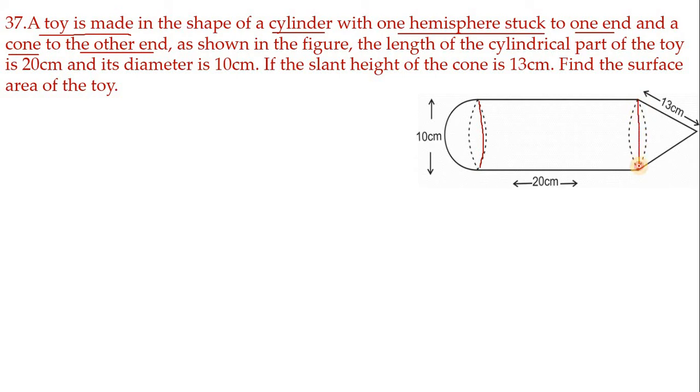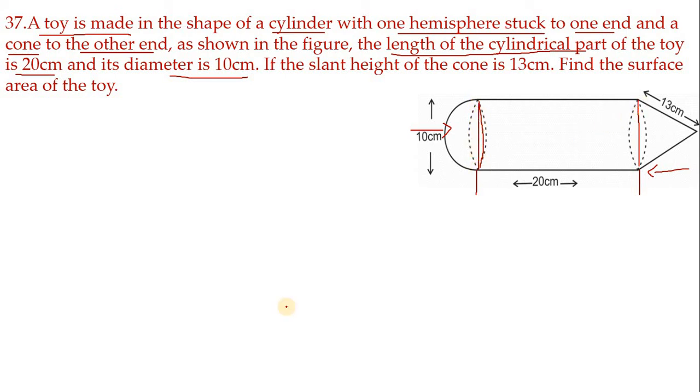For one end they have stuck a hemisphere and for the other end a cone. The length of the cylindrical part of the toy is 20 centimeter. Length of the cylinder means only this much. This length is 20 centimeter and its diameter is 10 centimeter. This is the diameter.